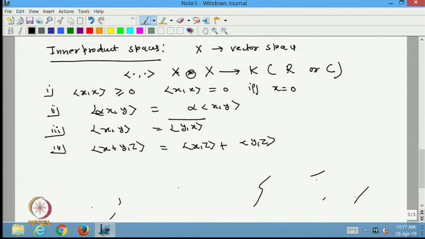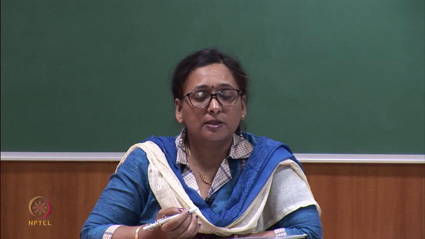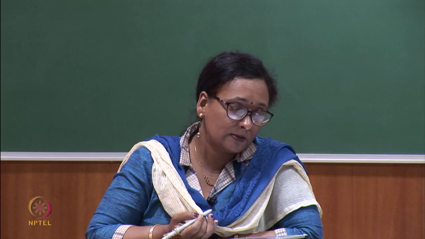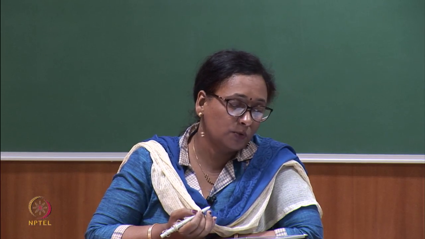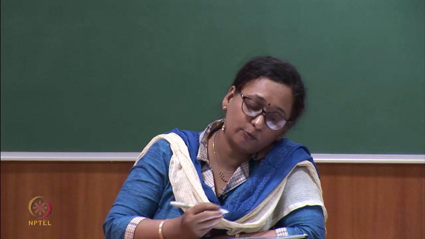An inner product space on X defines a norm on X by this. So, if this is the case, I can say all inner product spaces are normed spaces, but the converse is not true. Not all normed spaces are inner product spaces.